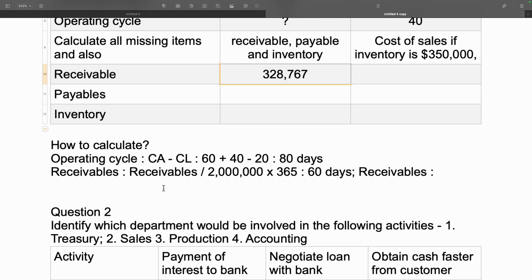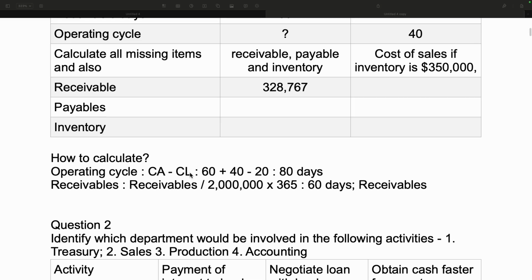Are all of you okay at this part? Can you follow? Good. Right, then you've got your payable.